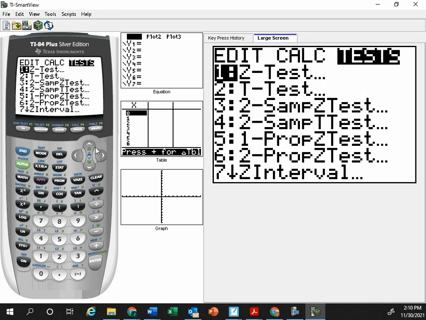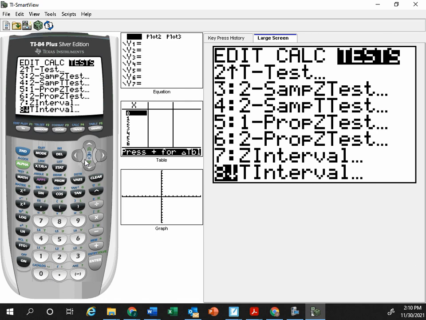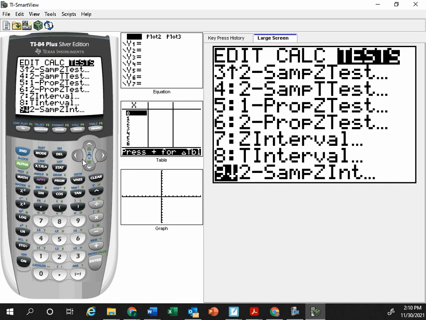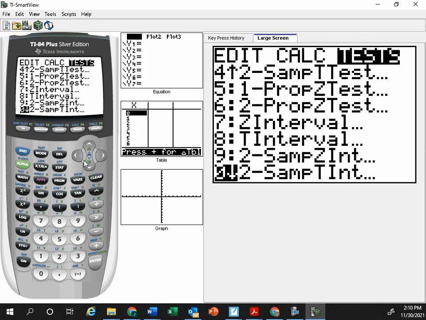Are we doing a test or an interval? Interval, right? So I'm going to go past the test here. It's not a Z. It's not just a T because we've got two samples happening. You guys see two sample T interval? Yeah. Okay, that's the one I want you to pick.